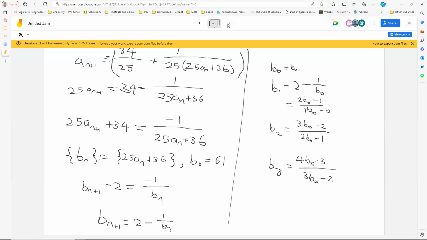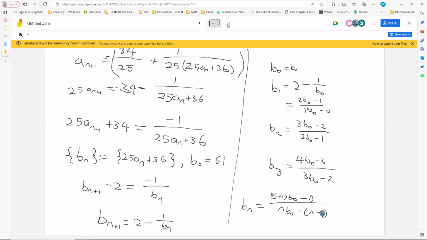So at this point, you might just conjecture an answer. Maybe you're thinking bn equals n plus 1 times b0 minus n, over n b0 minus n minus 1.